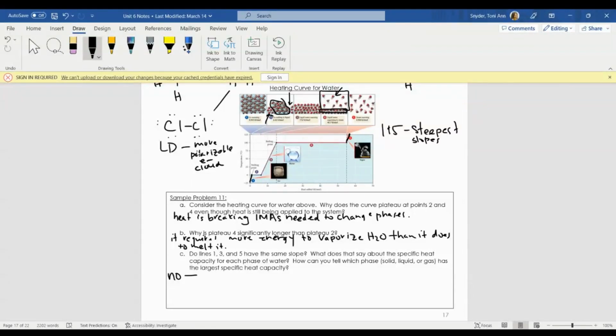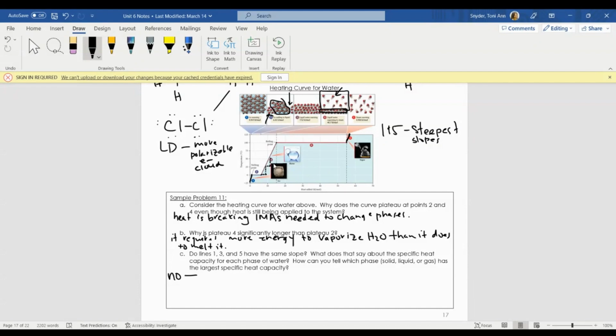This must mean that we do not have to add nearly as much energy to raise the temperature of that particular phase of matter. It takes much less energy to raise the temperature of ice and of water vapor than it does for liquid water. So if heat's on my x-axis, I have to input more heat to raise the temperature a certain amount, okay?